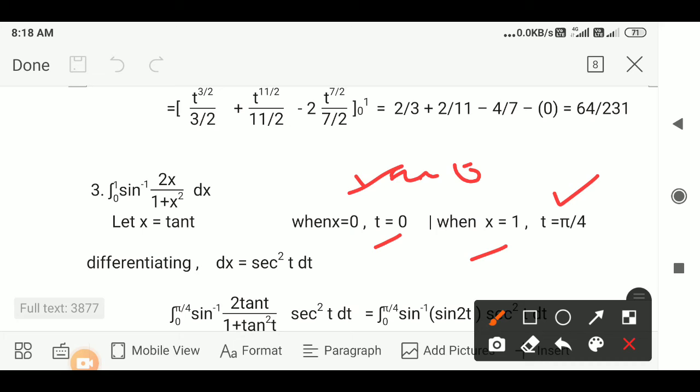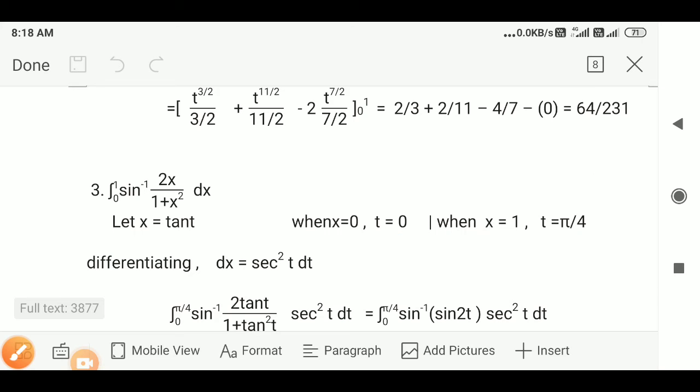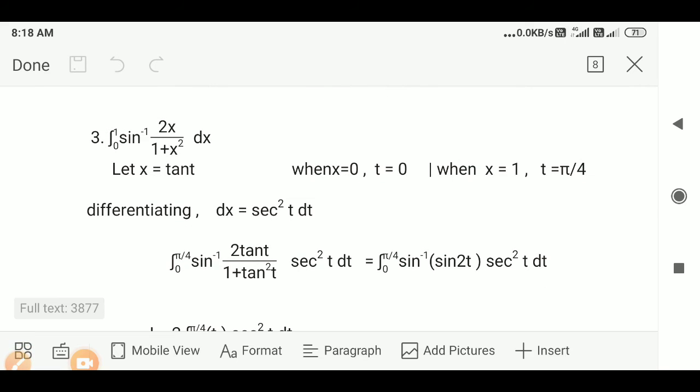So limits are 0 to pi by 4. Limits are changed; the new limits are 0 to pi by 4. But for another substitution, you have put x is equal to tan t. So differentiating it, dx is equal to sec square t dt.